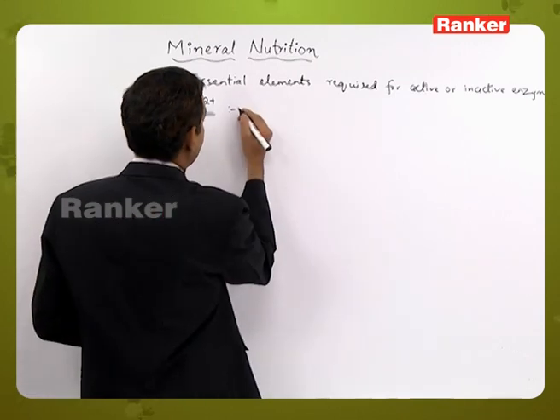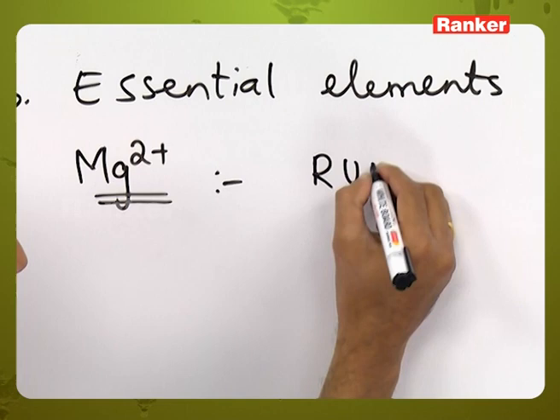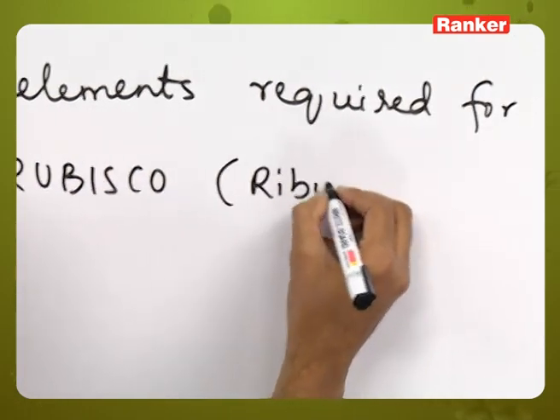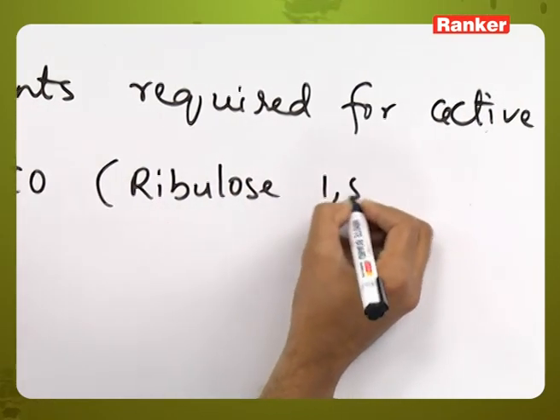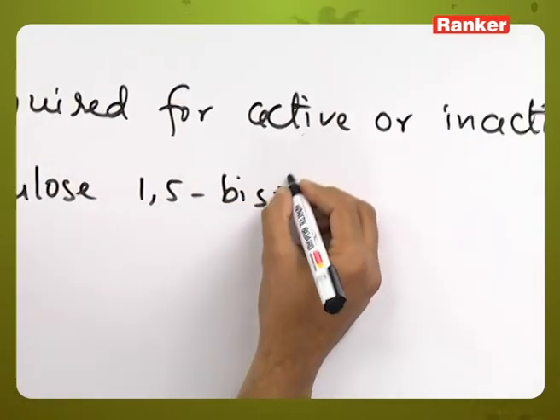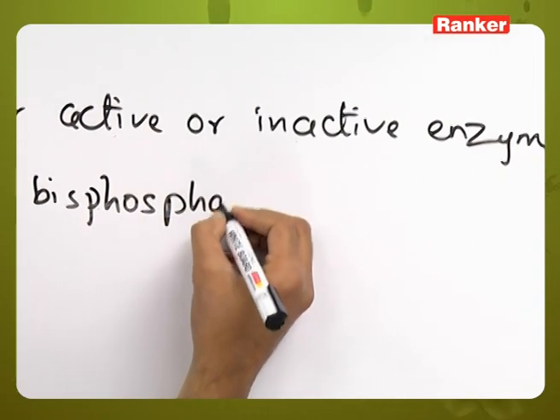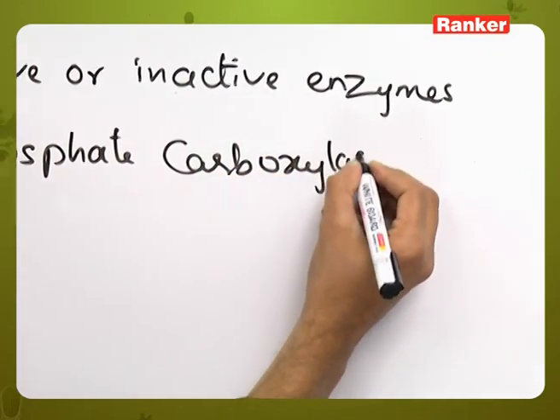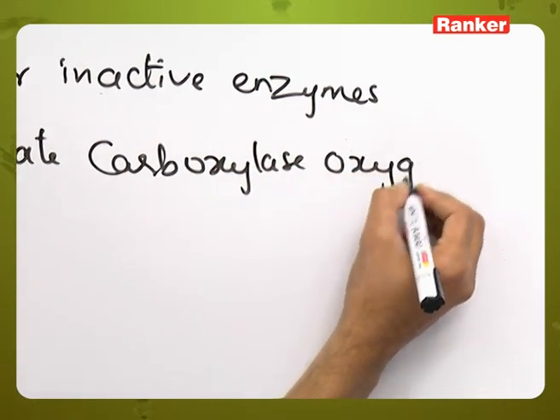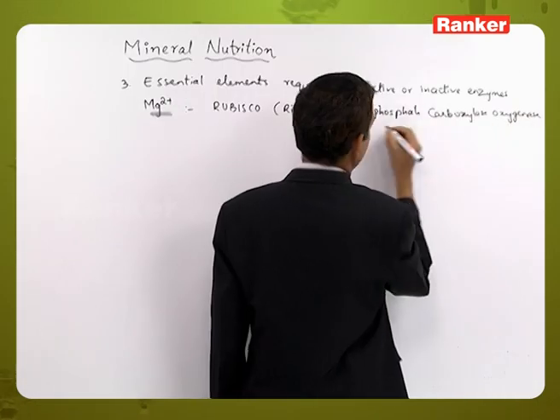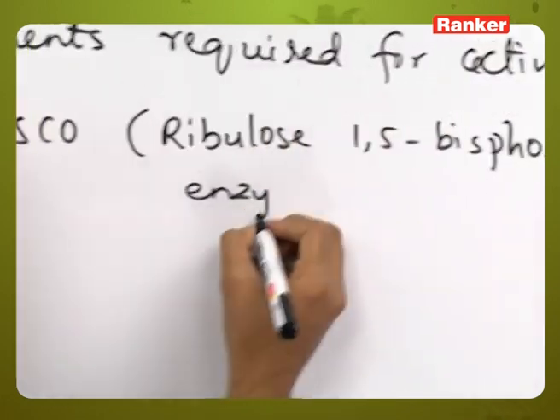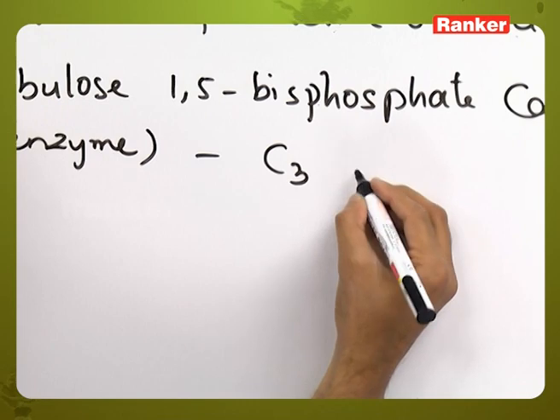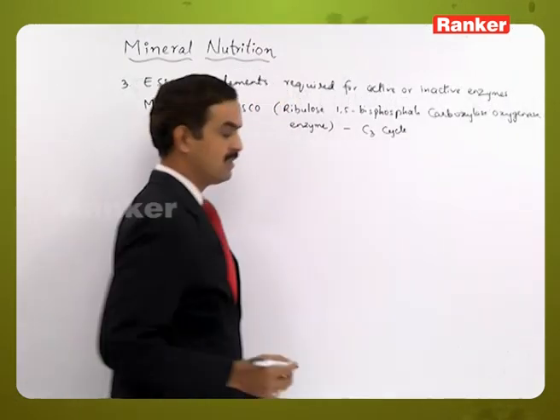Let us take that RuBisCO enzyme, that is ribulose 1,5 bisphosphate carboxylase oxygenase enzyme. This is an enzyme which is required in the C3 cycle and in the C4 cycle also.